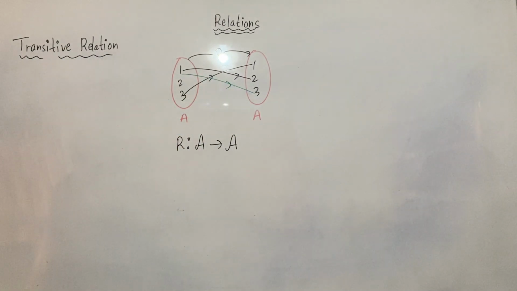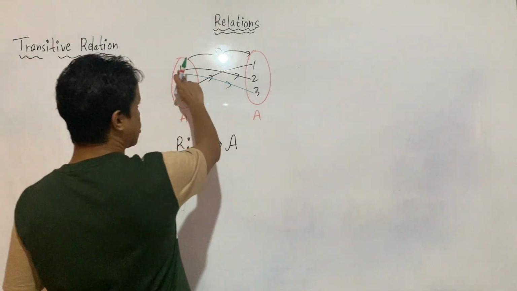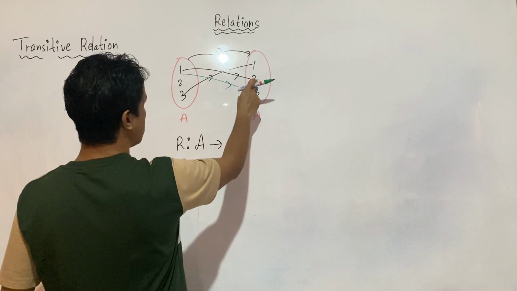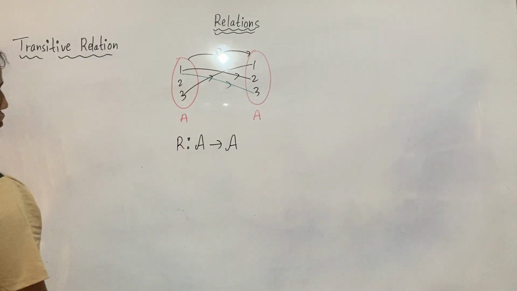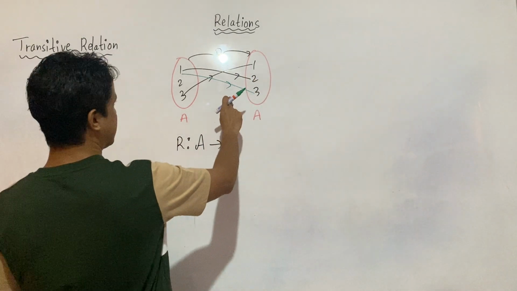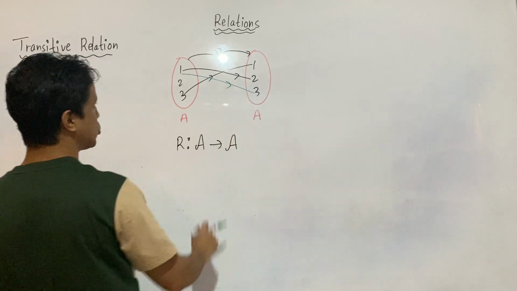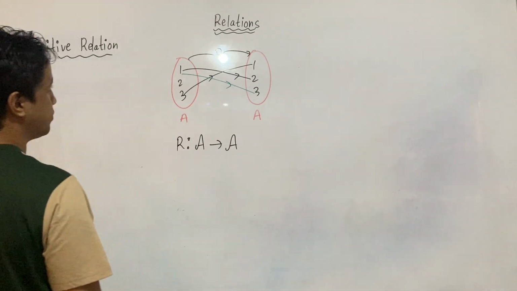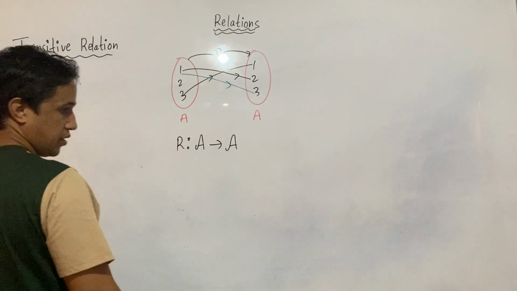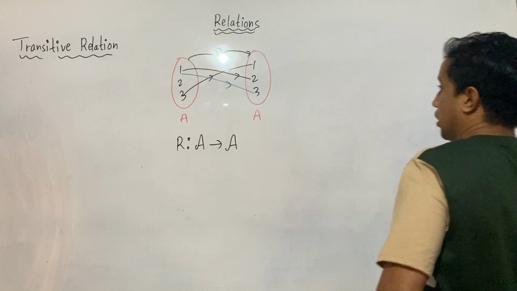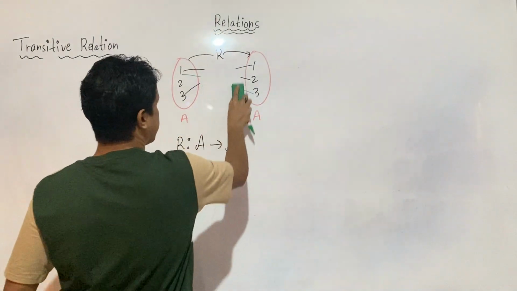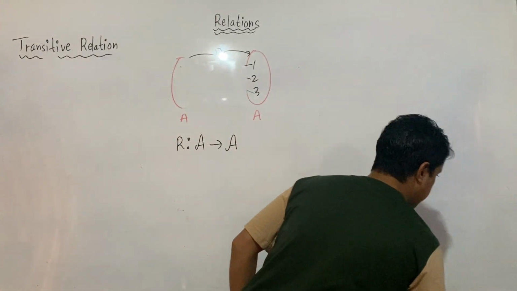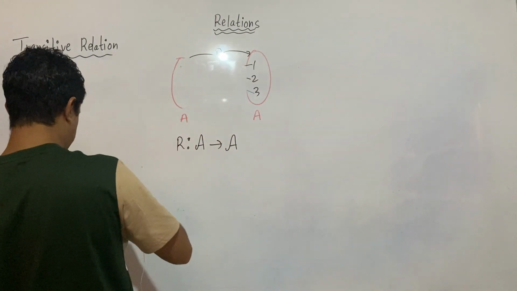This is what it says. If 1 is related to 2, 3 is related to 1... see here, I've made some mistake here, I guess.